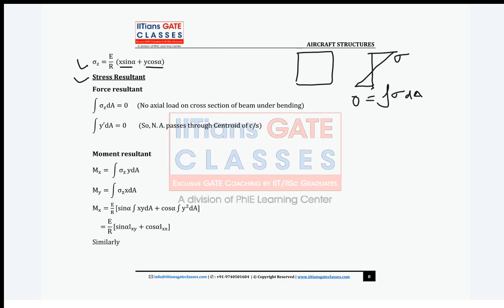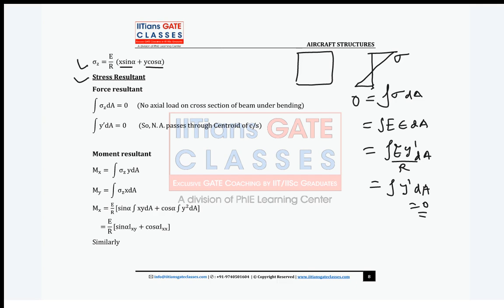Okay. Now what is sigma? Sigma, you can write, is E into epsilon dA, and further what is the epsilon? It is E into y dash by r dA. Now guys, we already know E and r are constant. So what we found: integration y dash dA equal to 0. That means the first moment of area about the centroid is 0, right?